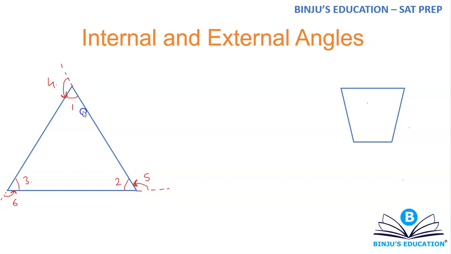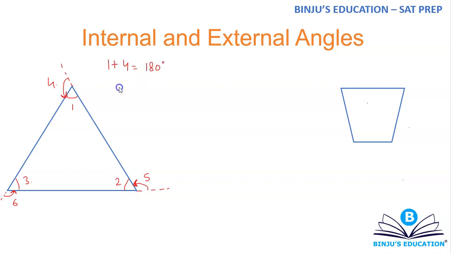The second thing which we need to remember here is that a pair of external and internal angle always lie on a straight line. A pair of external and internal angle of any polygon, doesn't have to be of triangle only, for any polygon, they always lie on a straight line. So from there I can say that 1 plus 4 should be equal to 180, because the sum of the angles on a straight line is 180.